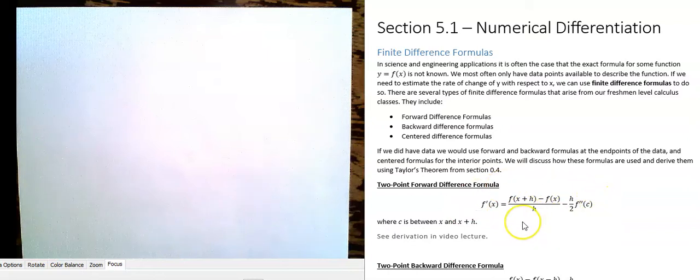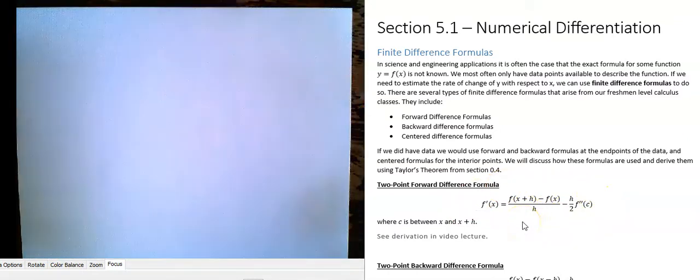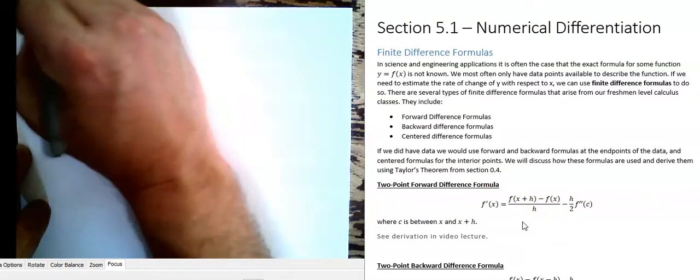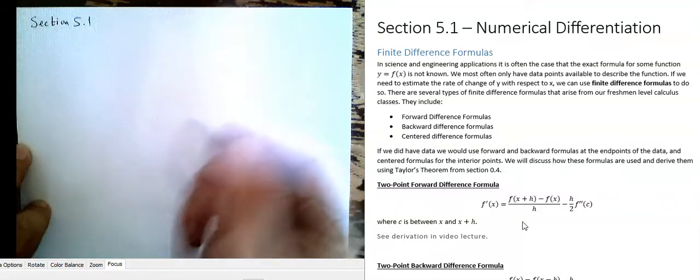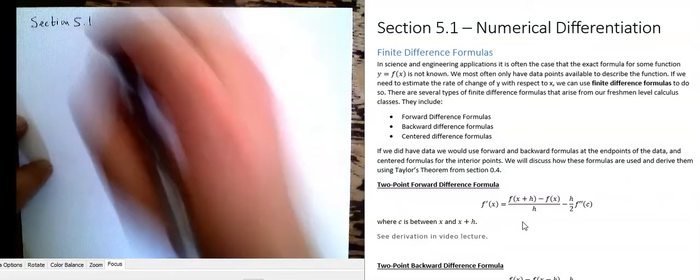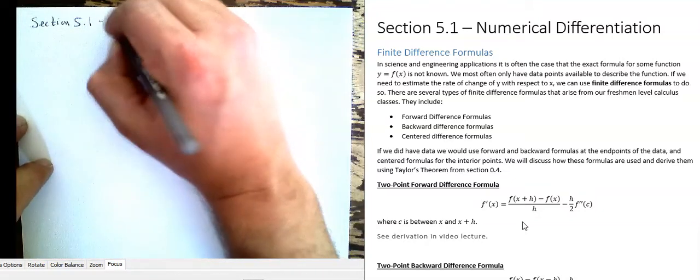So let's just recall Taylor's formula. Here we have section 5.1, numerical differentiation.